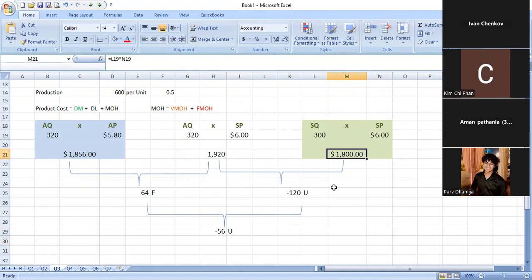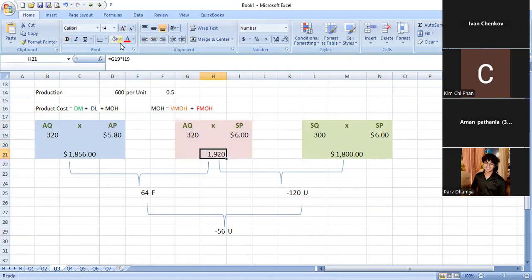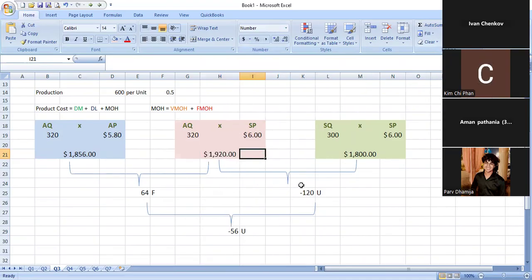Same thing here. Based on our standards, using the standard price, to produce 600 units we need to use 300 meters. In reality, we're using 320. Because of the overusage of the material and material only, we have a variance, correct? Now the question is, how much is that variance? In this case, my variance is 120.